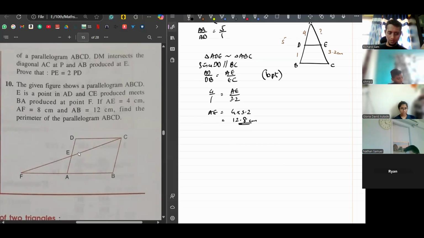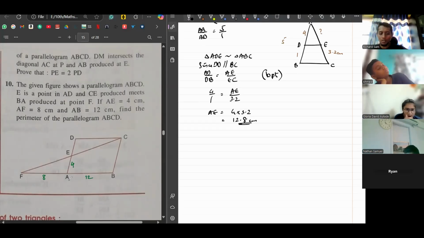CE produced means if you extend CE, it meets BA produced at point F. So if you produce CE and if you produce AB, you will meet at a point called F. That's what they mean. If AE is 4 centimeters, AF is 8 centimeters, AB is 12 centimeters, find the perimeter of the parallelogram ABCD.